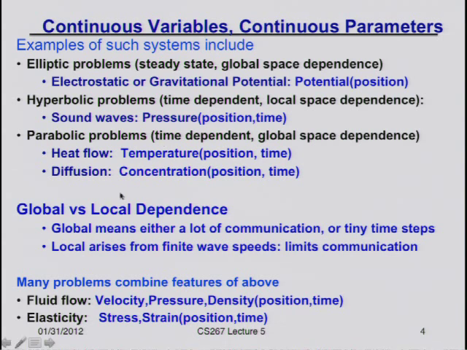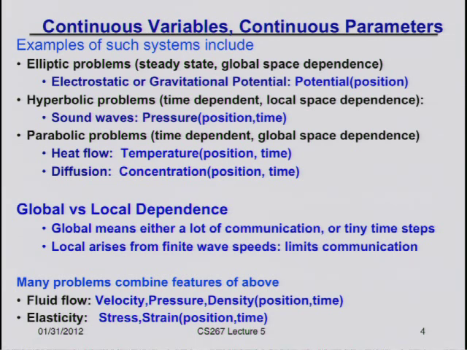So I've distinguished here between global and local dependence. Global is like elliptic and parabolic: everybody depends on everybody. Versus hyperbolic, where it's only nearest neighbors because there's a finite speed of wave propagation. Of course, in real life, when you're doing fluids or elasticity, you combine these features. But these are the main high-level features.